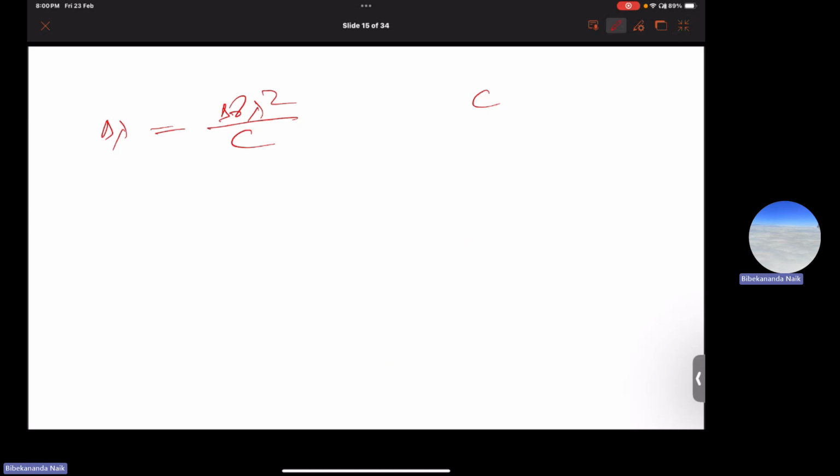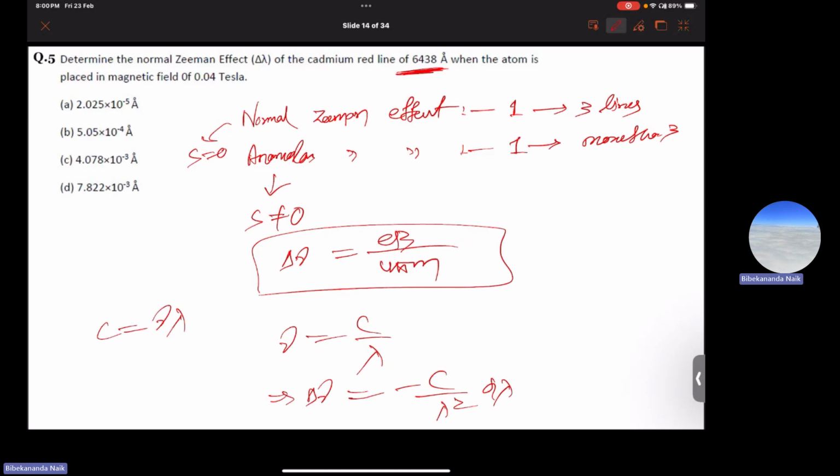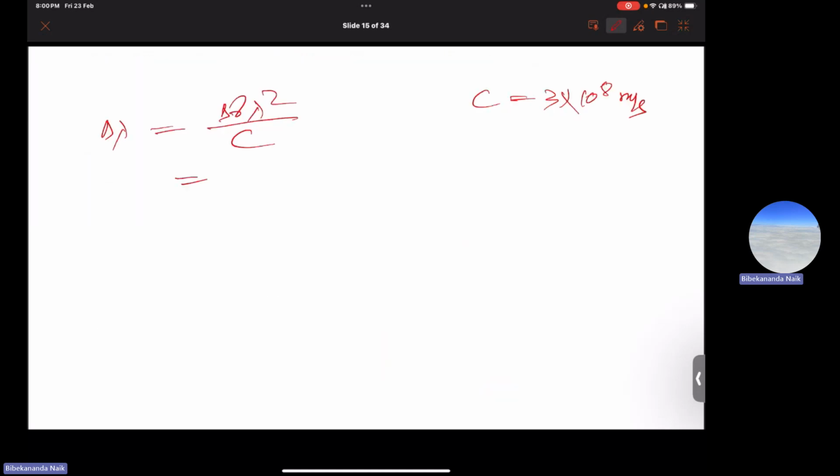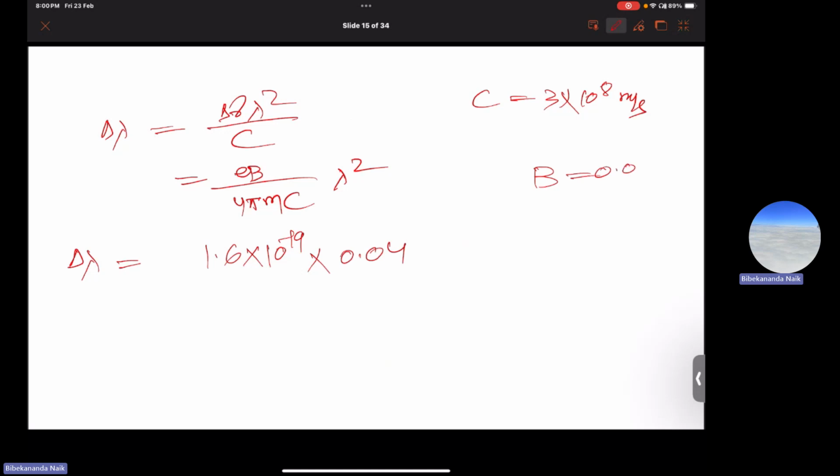Here we have the value of c, which is 3 into 10 to the power 8 meter per second. Then we have the value of delta nu, which is eB by 4 pi m. So delta lambda is eB by 4 pi mc into lambda square. E is 1.6 into 10 to the power minus 19, B is 0.04 tesla, the strength of the magnetic field.